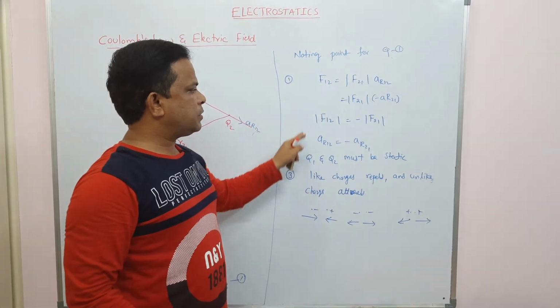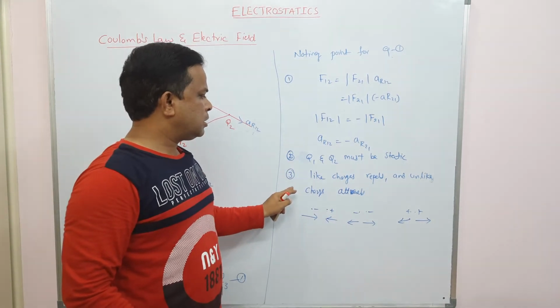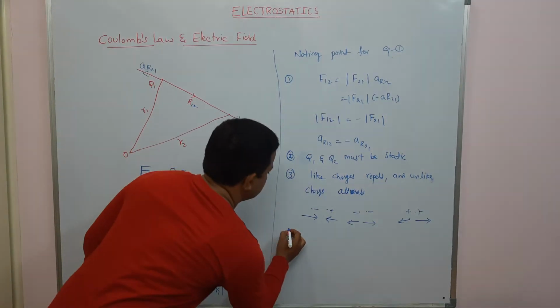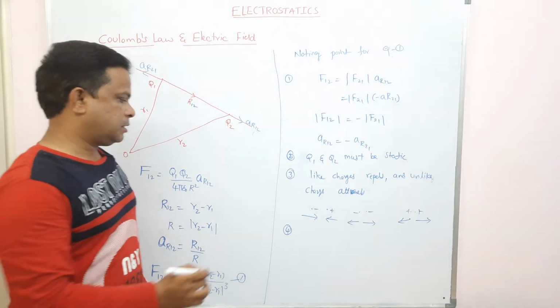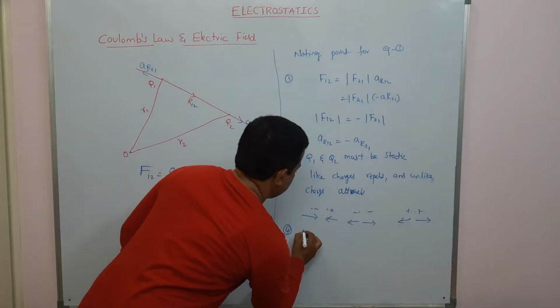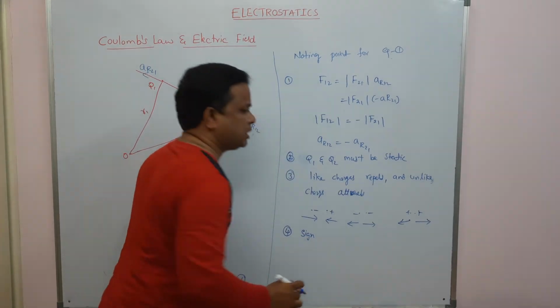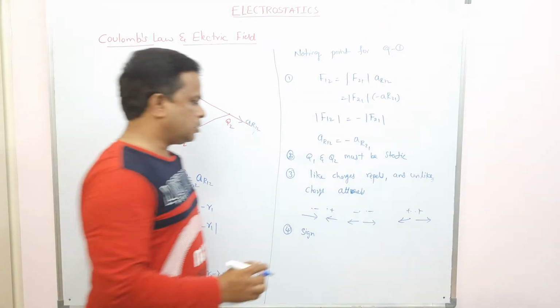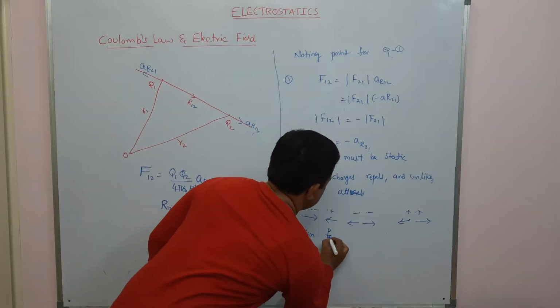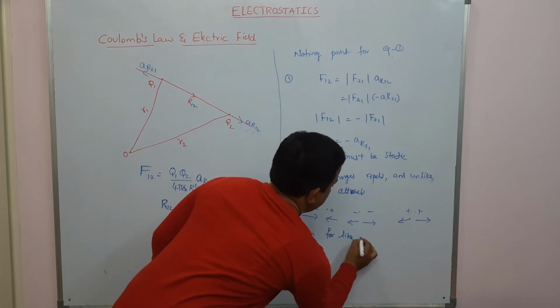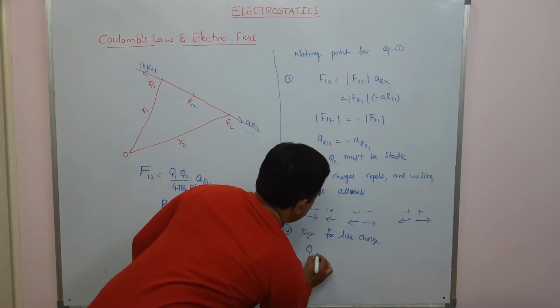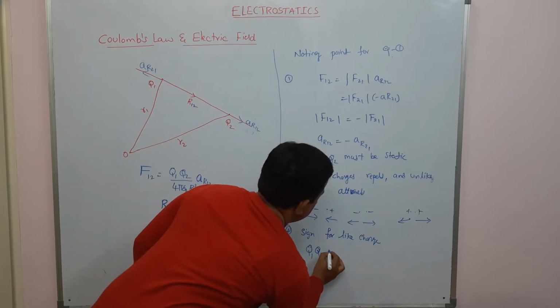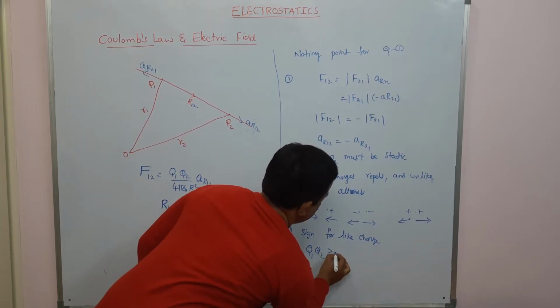Here, this is the first one, this is the second, the third, and the fourth. So we have to take the sign. The sign must be taken here, that is, whether it is positive or negative. For like charges, q1 q2 is greater than 0.